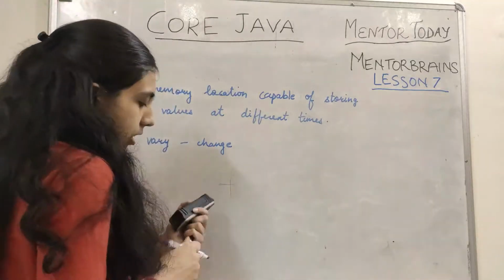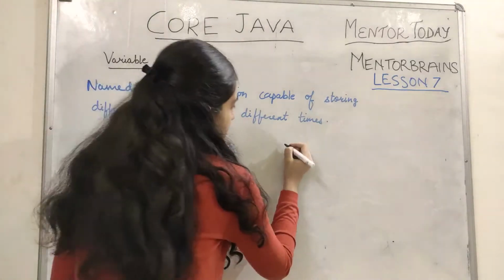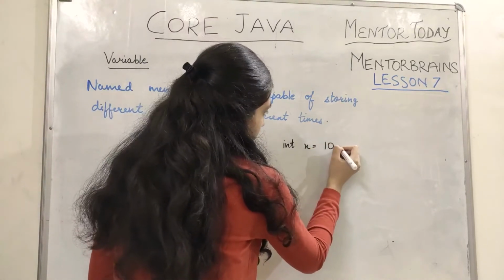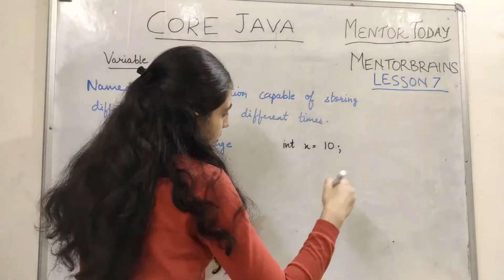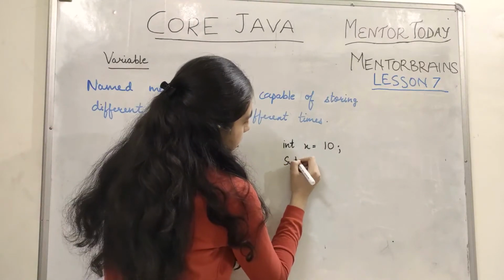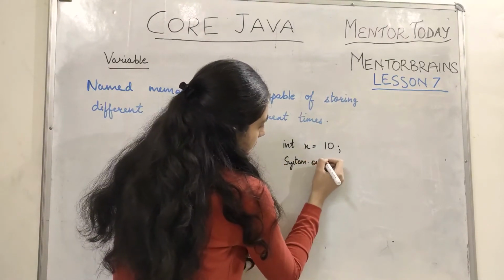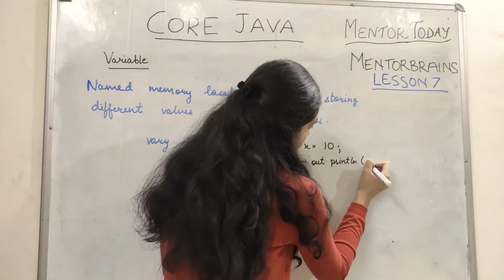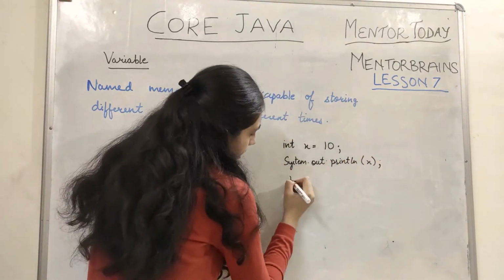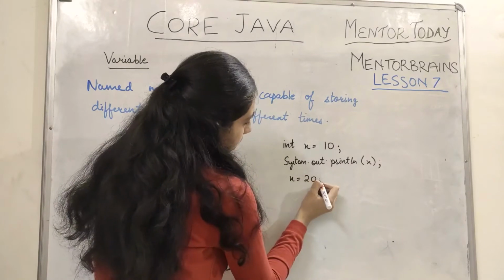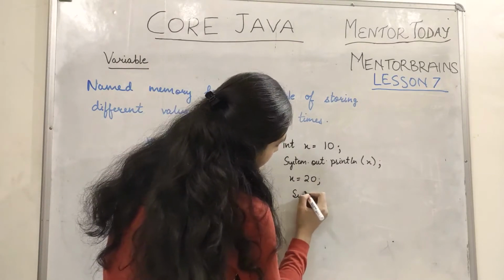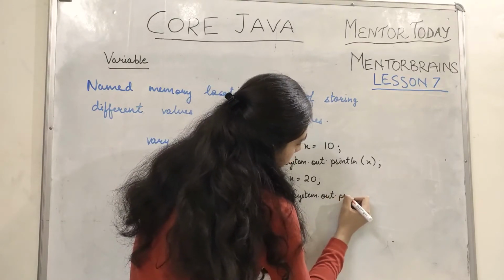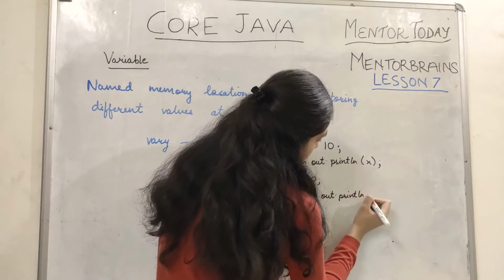For example, in Java, if I write int x equals 10 and later in the program I print it first, System.out.println(x), and later I write x equals 20 and again print it, System.out.println(x).